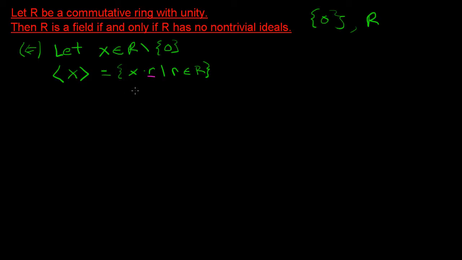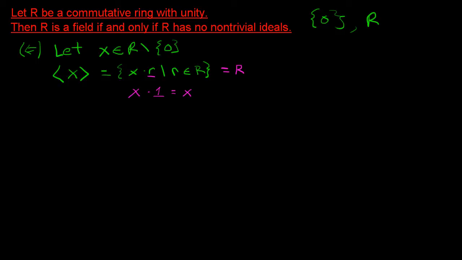So we could say x times 1, or just x, is an element of this, and x is not 0. So this ideal contains a non-zero element. Well, that automatically eliminates the possibility that it's the 0 ideal. So if it's not the zero ideal, then it must be the entire ring. So this must be R.